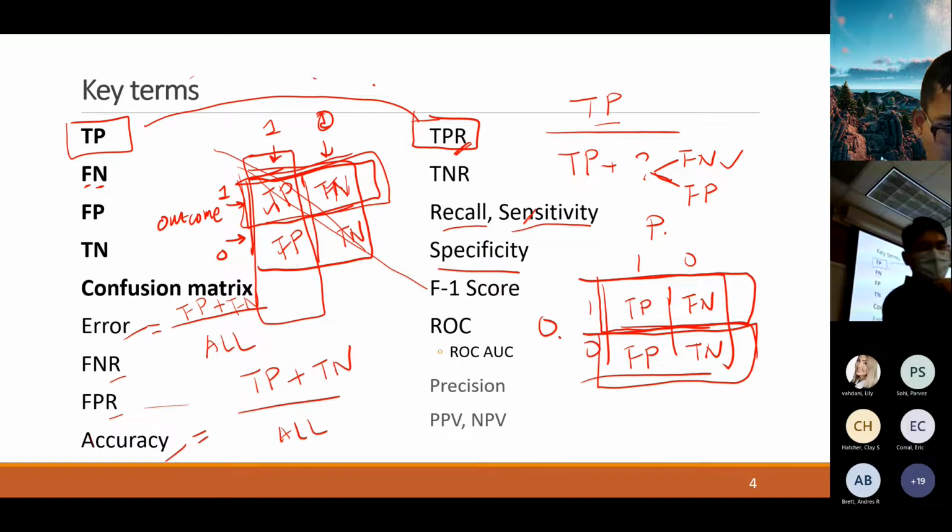So in terms of cancer, I would say we want to emphasize recall and loosen a little bit on specificity. But it's always relative. There's no perfect point.